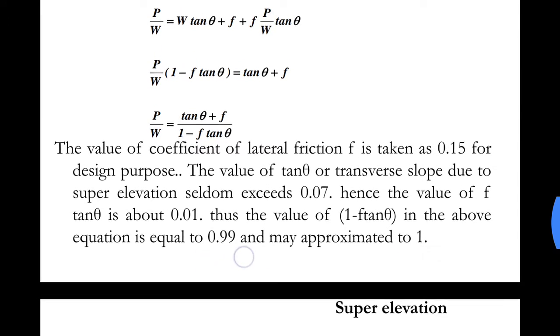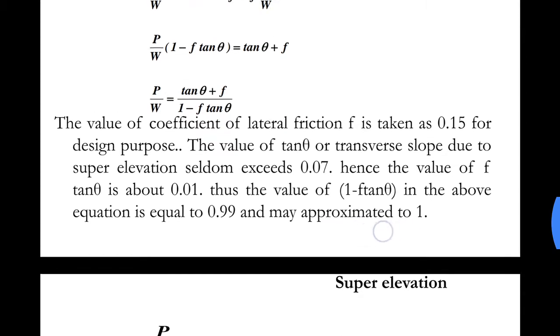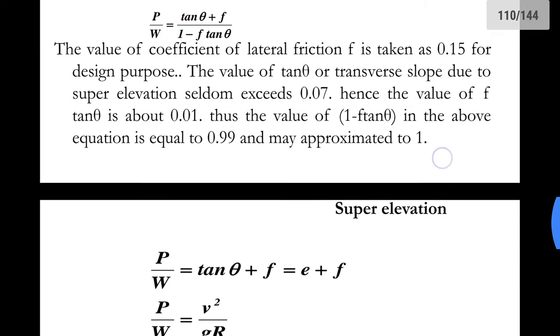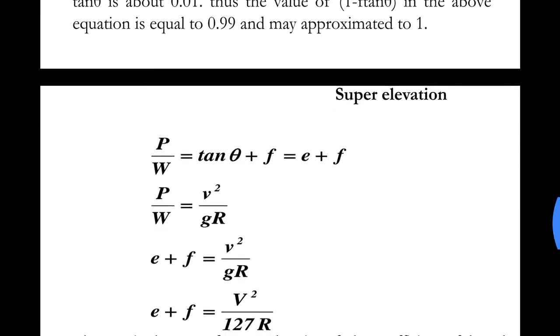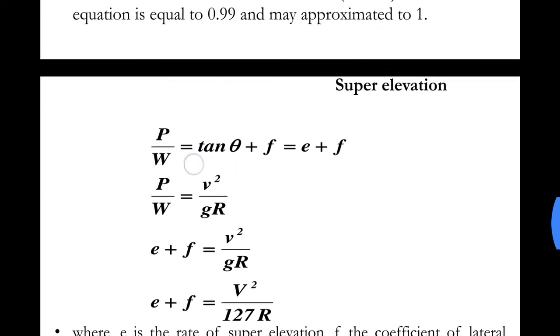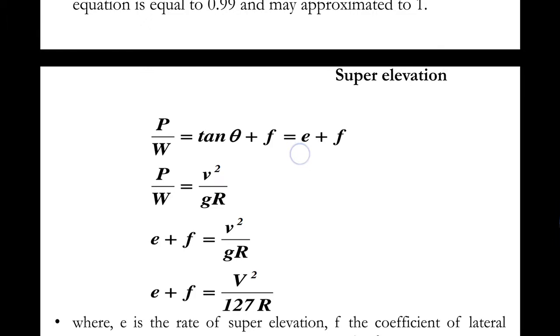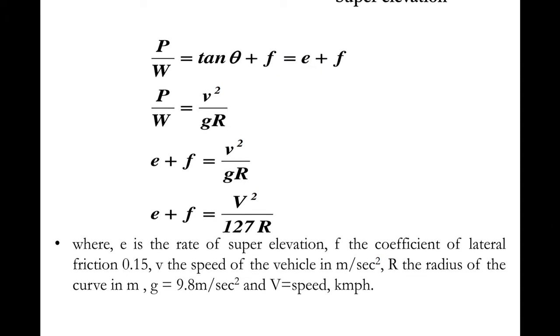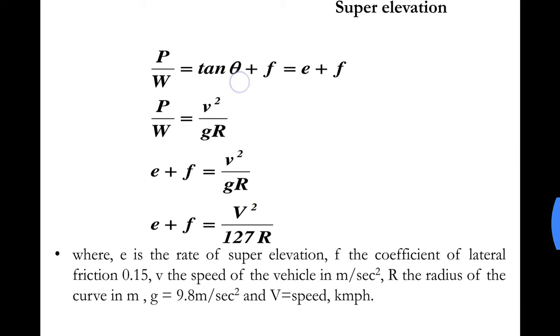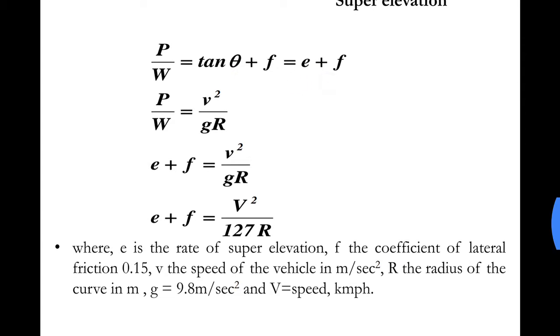So you can take 0.99 as 1. This equation would now become P by W is equal to tan theta plus F, since the denominator becomes 1. And we know that tan theta is nothing but E, so P by W is equal to E plus F.